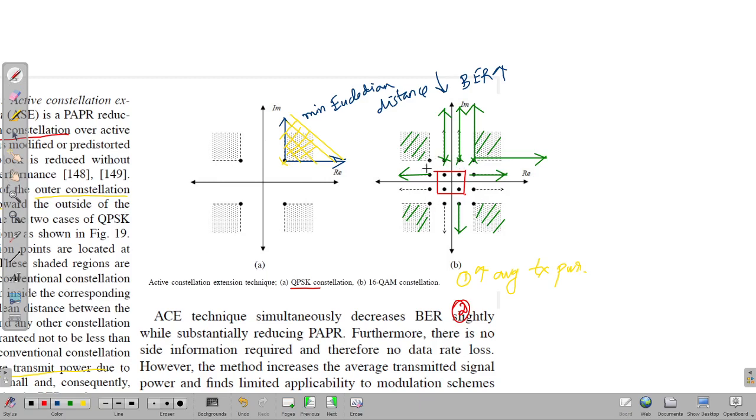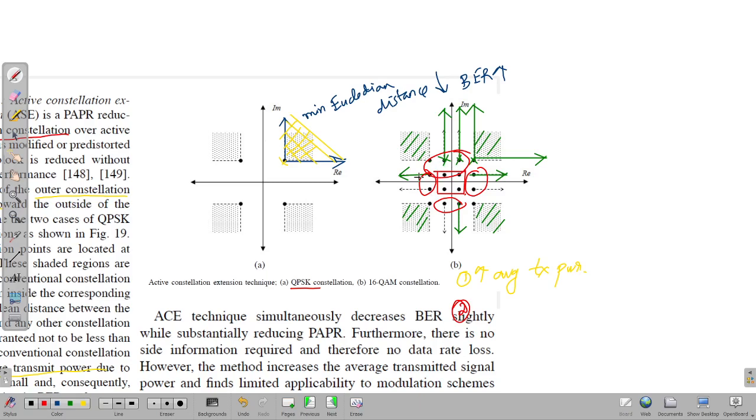When coming to 16 QAM, you can see that the corner points have got feasible regions, whereas the points which are outside but not corner, such as these points, don't have a feasible region, but they have a line along which they can move in order to reduce the PAPR. For adjustment, they can move along a line, and the points inside don't have any freedom at all.